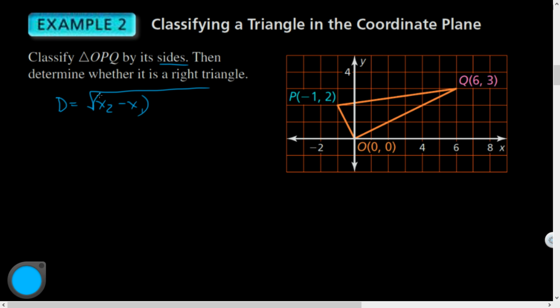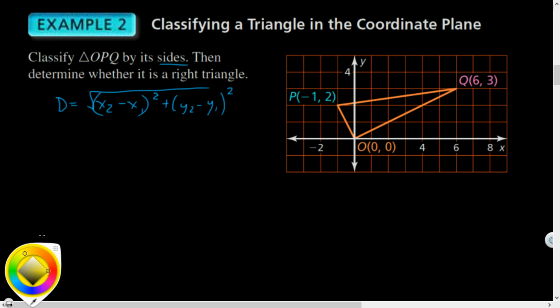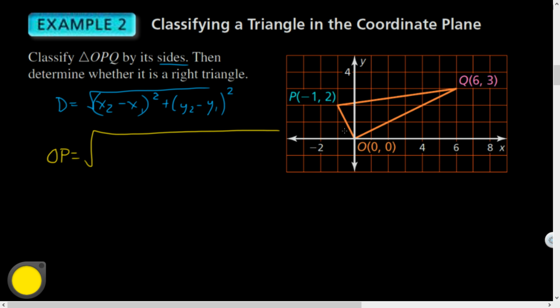x2 minus x1 all squared plus y2 minus y1 all squared. So yeah, let's find, I'll do one of these distances. How about OP? So let's see. This will be -1 minus 0 all squared plus 2 minus 0 all squared.